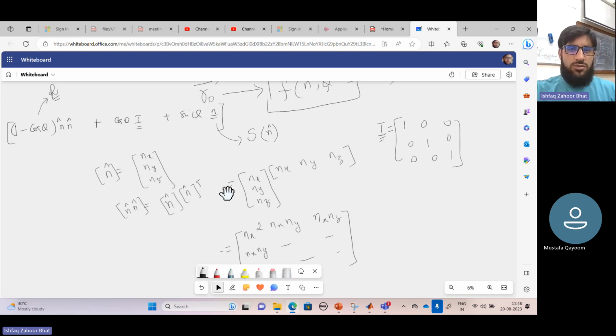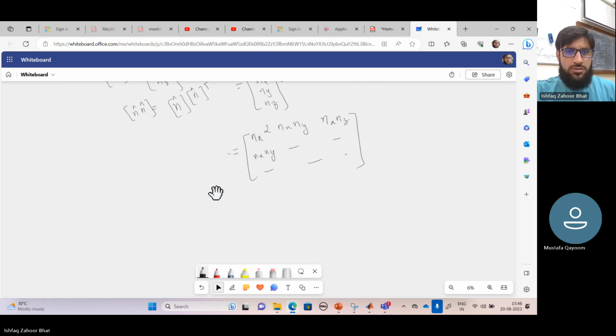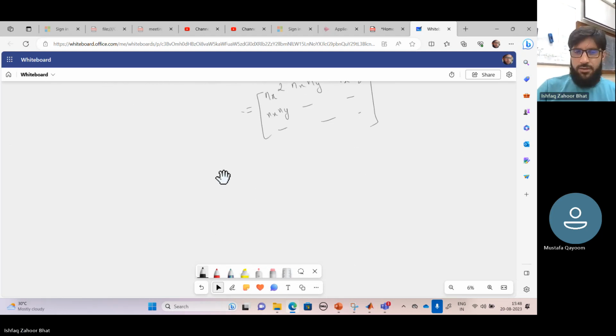So what is this skew-symmetric matrix? If we have any vector n, it will have three components, nx, ny, and nz.